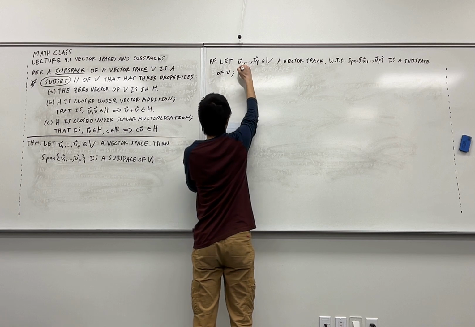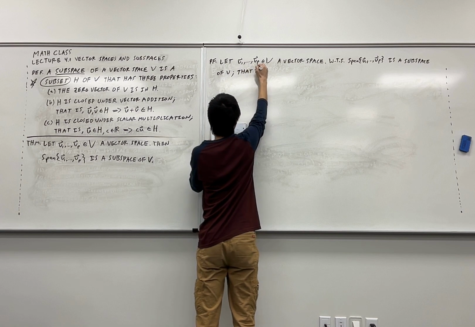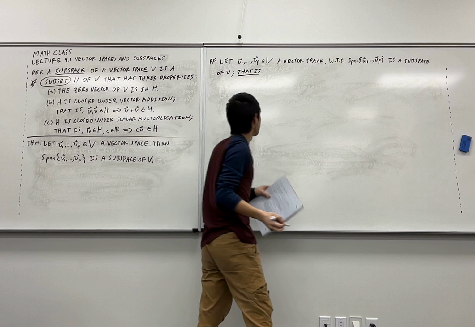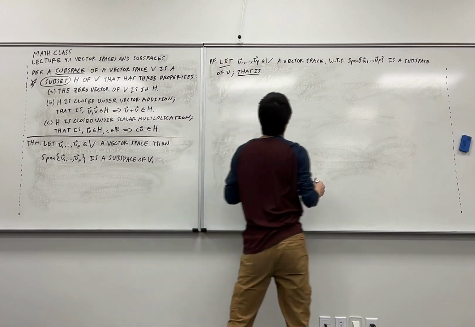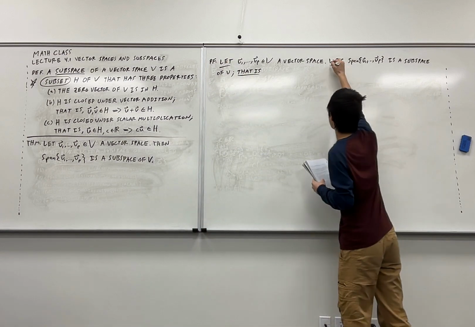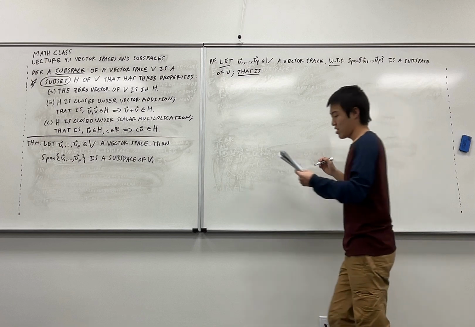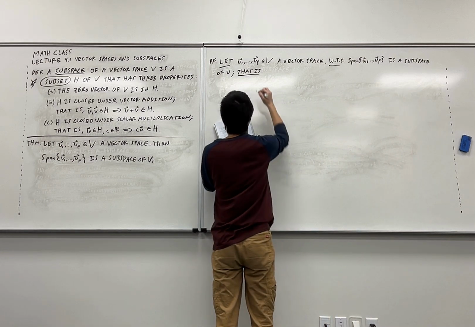So what I'm going to do is I'm going to use a keyword. So here's keyword: let. Another keyword: I want to show. So that is, I'm going to articulate this.